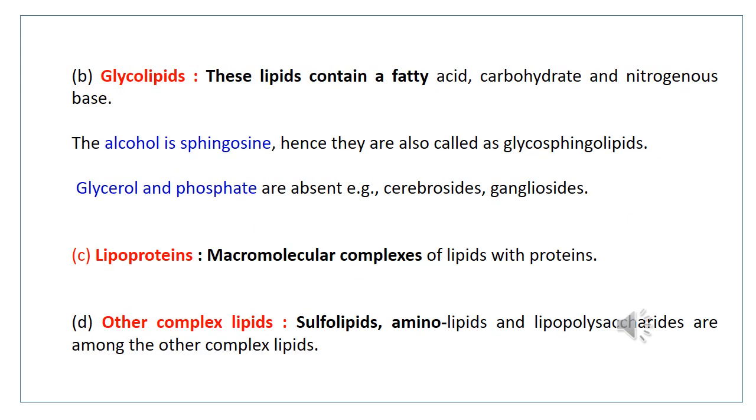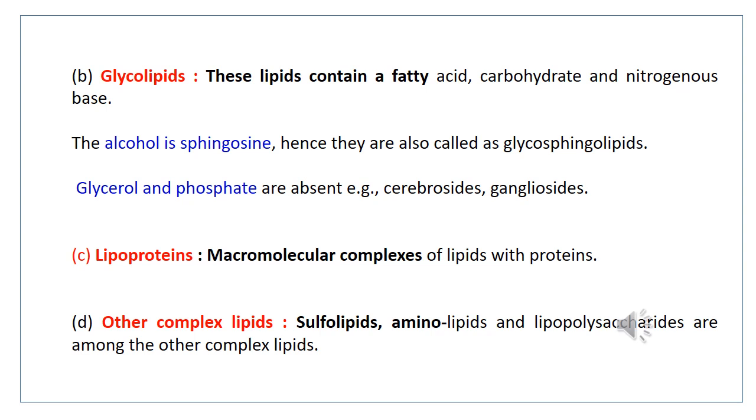Glycolipids, these lipids contain fatty acids, carbohydrate and nitrogenous base. Alcohol is sphingosine, hence they are also called glycosphingolipids. Glycerol and phosphates are absent. The examples are cerebrosides and gangliosides.